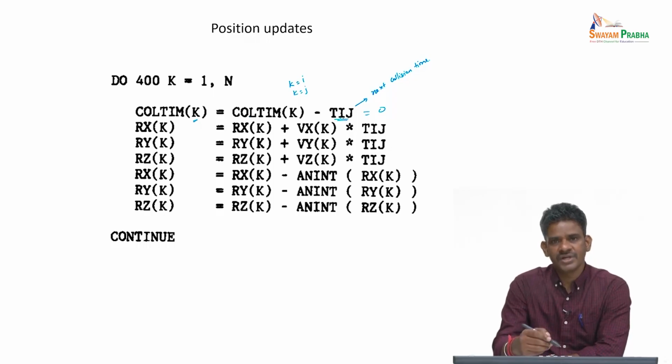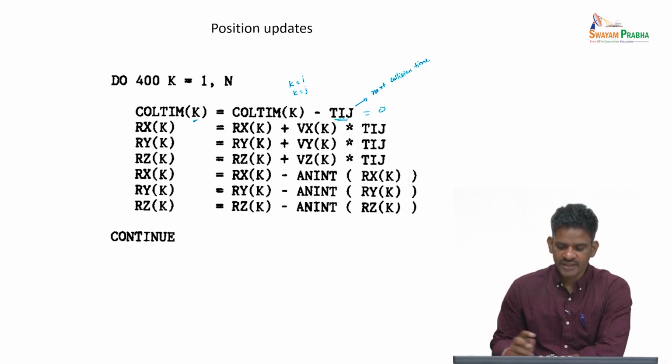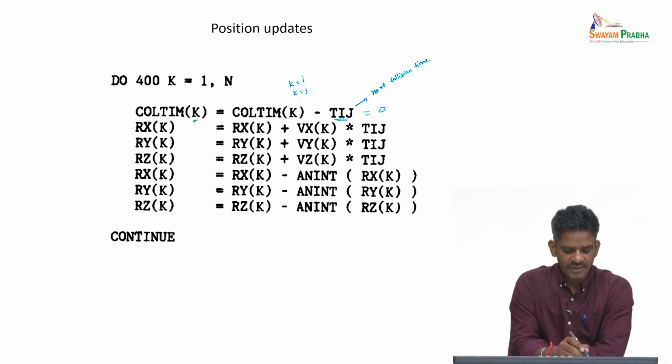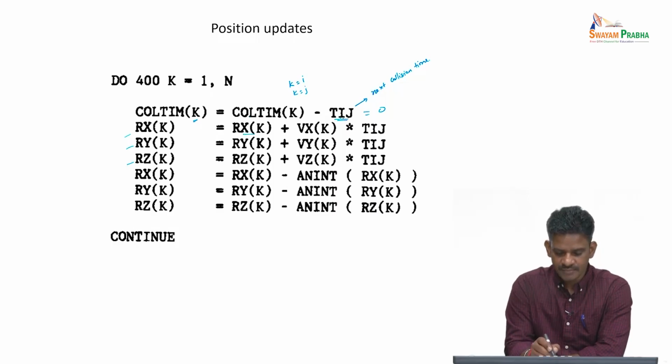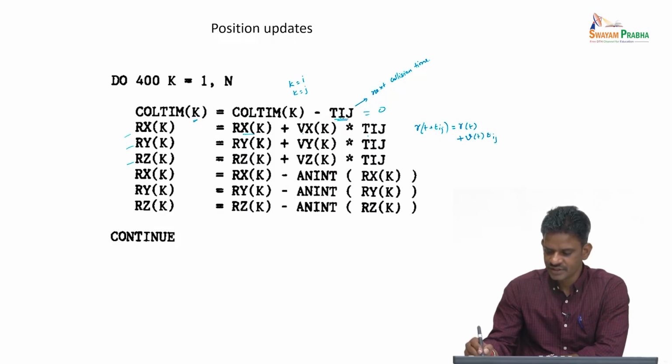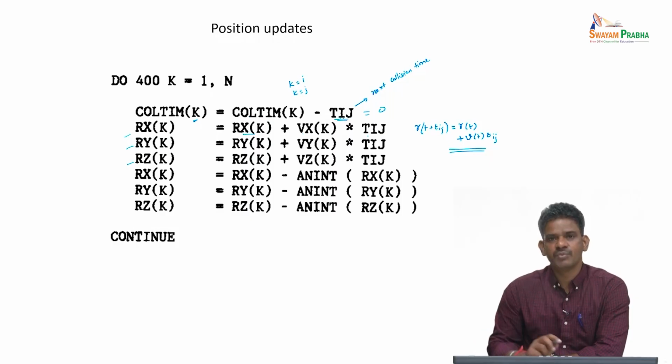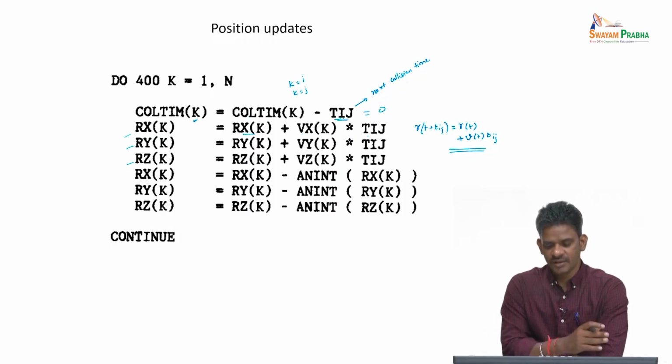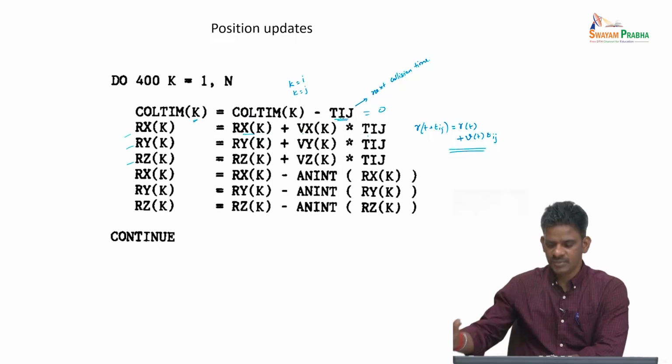So we subtract Tij from the collision time of all the pairs, and then we update the position of the kth particle: the current position plus the respective velocity times Tij. This is updating the position at t plus Tij as the position at t plus the velocity at time t times Tij, because this is force-free motion at a constant velocity from time t to t plus Tij.